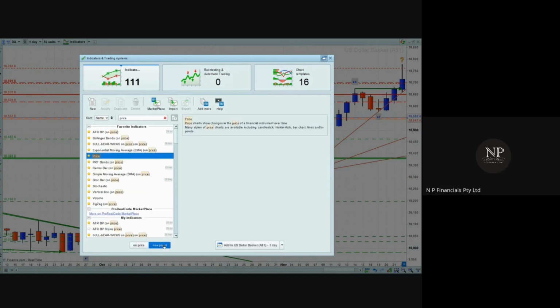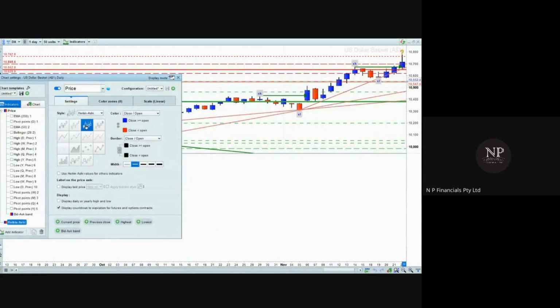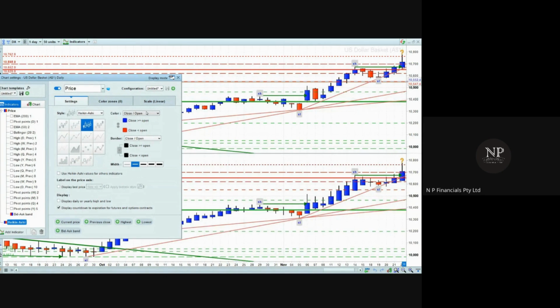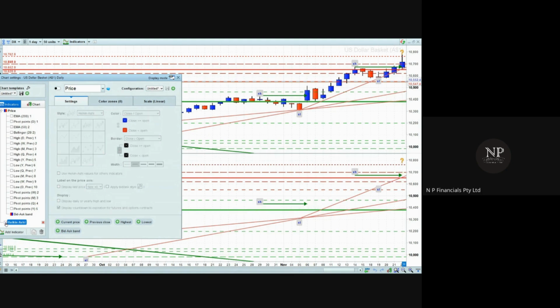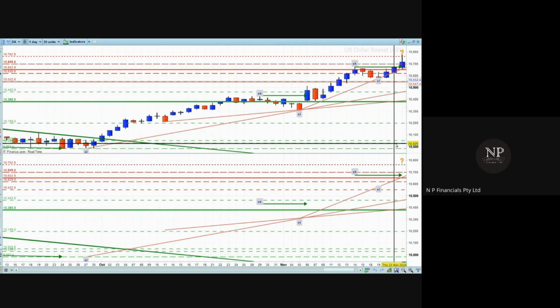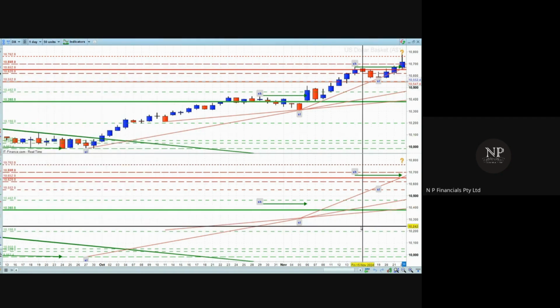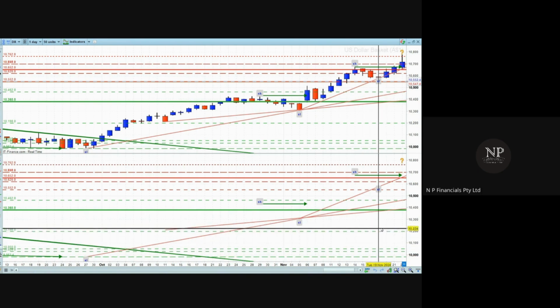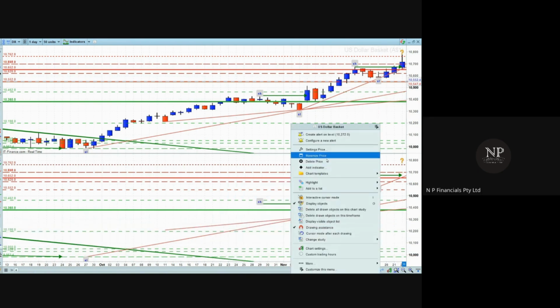So new panel, price, new panel, add, and then we can change it to Heikin-Ashi. In Heikin-Ashi also we saw a very big shadow. But for the time being, because we are discussing trend lines, I'll concentrate on this one also. So where am I? Okay, delete price.